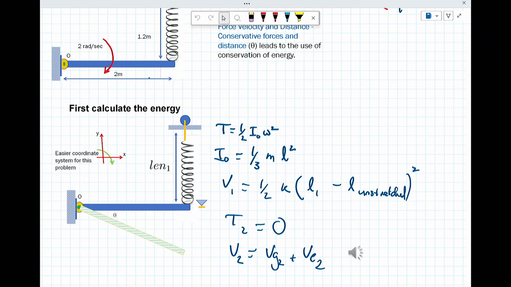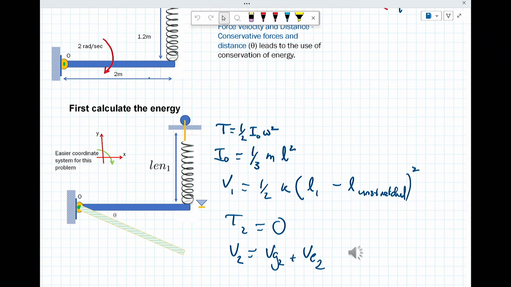So I'm not going to worry too much about this because I'm not going to do any type of vector math. So I have two kinetic energies to deal with. The only mass in this system is the rod, and the rod is rotating about 0.